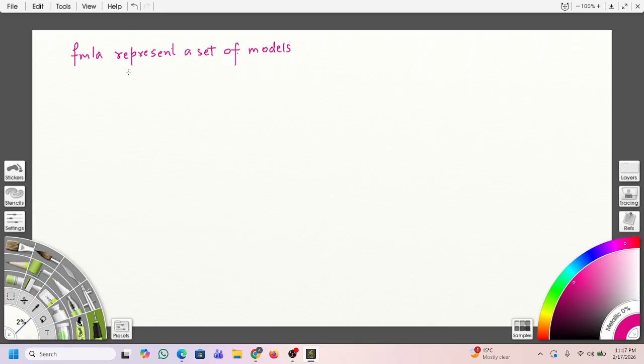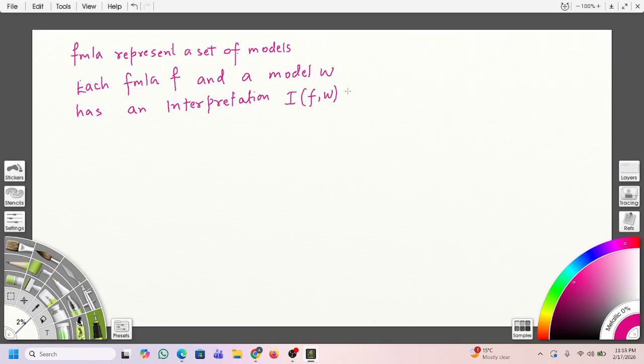So we can write that each formula F and a model W has an interpretation, I of F comma W, and this value of I of F comma W will belong to either 0 or 1.